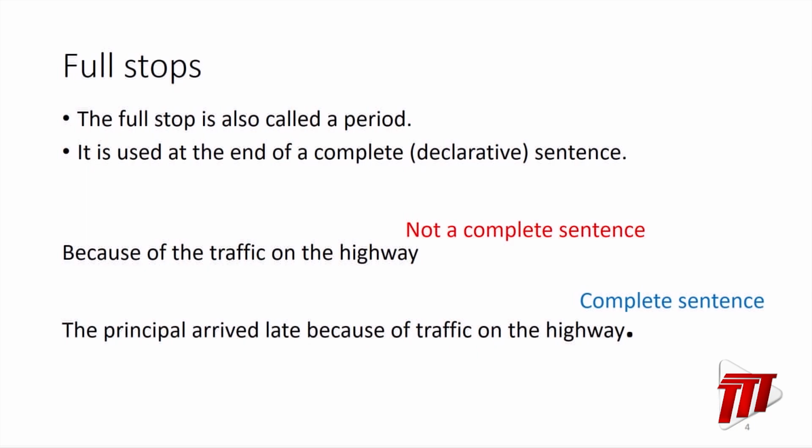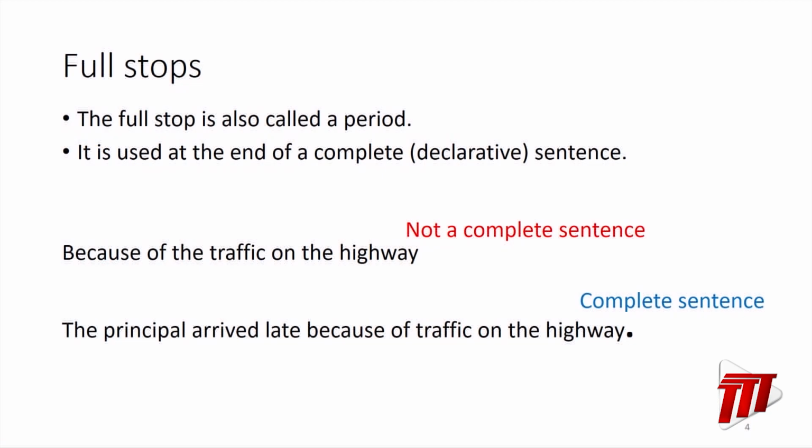It has a subject, it has an object, it has a verb, and it makes complete sense. Because sometimes you have sentences that have all three and they don't make sense. Your sentence must make sense at the end of the day. And at the end of this sentence that makes sense, you put your full stop or period.